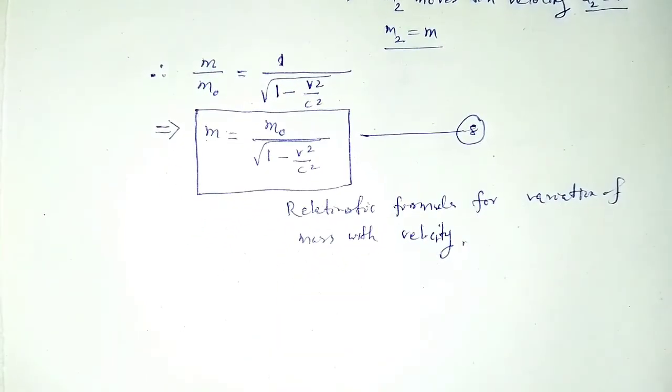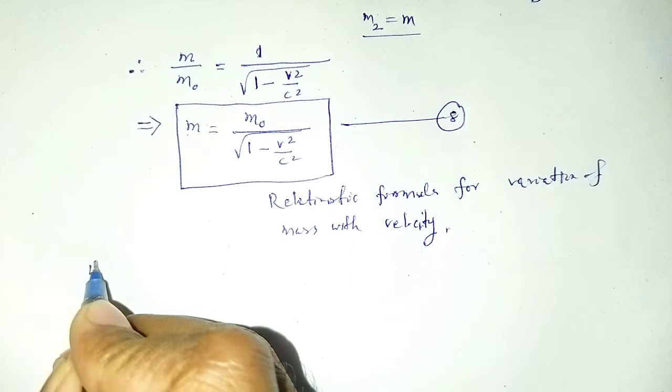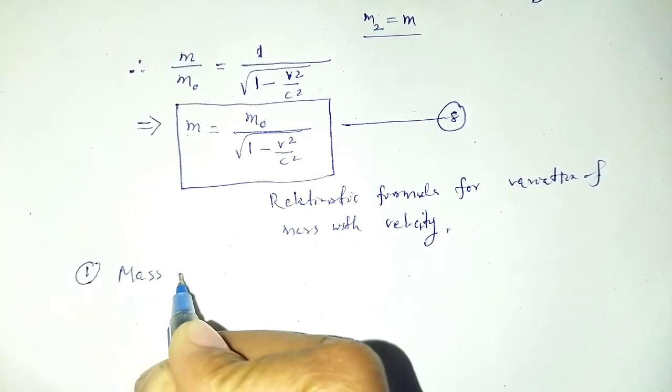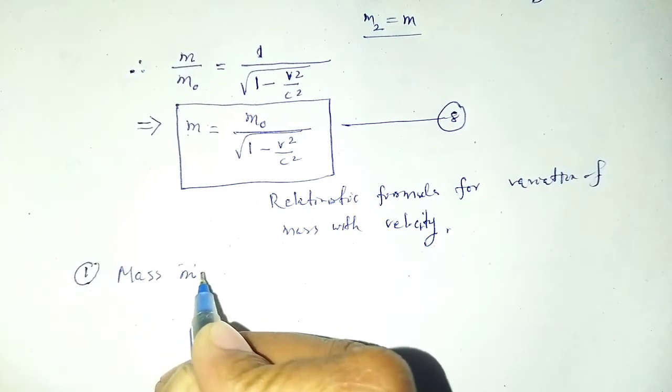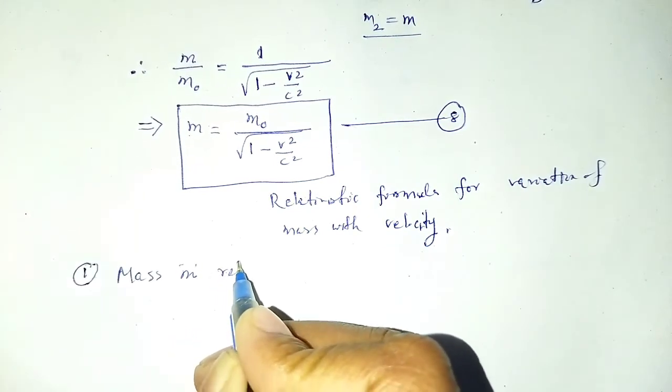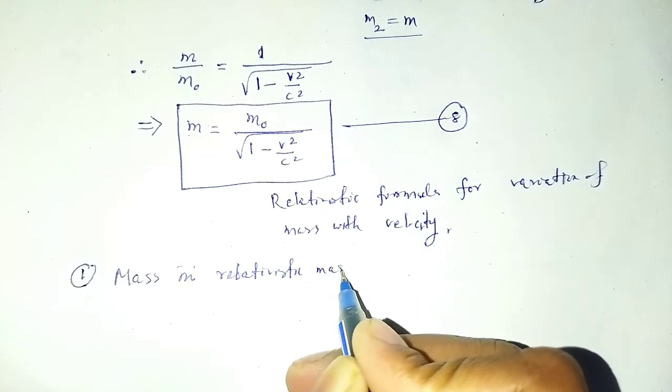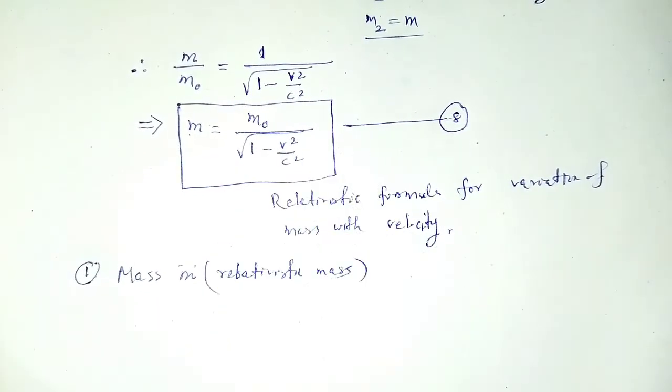What are the points we have to notice here? Point number 1: mass m is known as the relativistic mass. Here m0 is the rest mass.